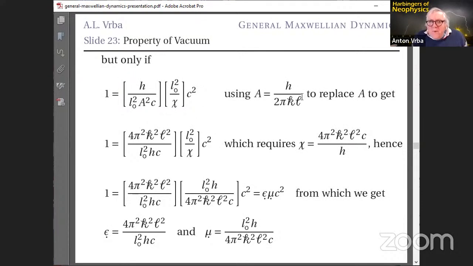I've now basically replaced it in there, and I come to the conclusion that I have an epsilon dot and a mu dot instead of an epsilon 0 and a mu 0. This was exactly the same as what I'd done the last time, except that I have it in a different form.